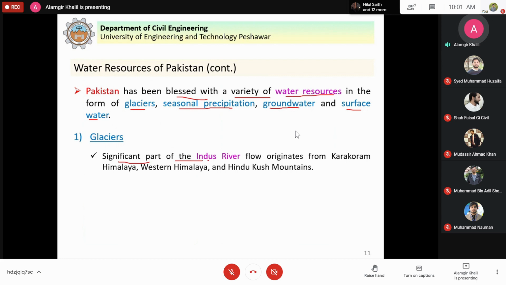A significant part of the Indus River flow originates from Karakoram Himalaya, Western Himalaya, and Hindu Kush mountains. So the source of the Indus River and its tributaries, which is a very important river, is in the northern mountains.